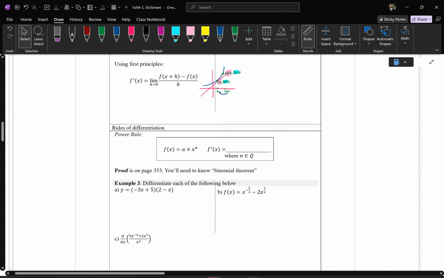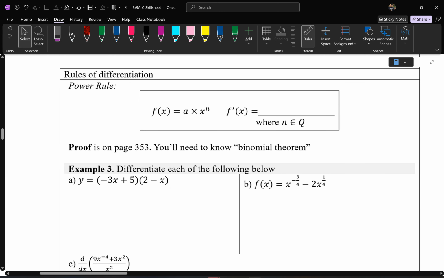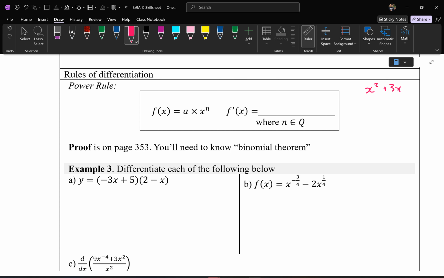All right. Last bits for today's notes to revise for what you need to remember. Power rule. So the one that I just gave to you just now, x squared plus 3x. This is called the power rule. If you have a polynomial function, which we do over there, it's x squared. The derivative is n times a times x to the power of n minus 1.